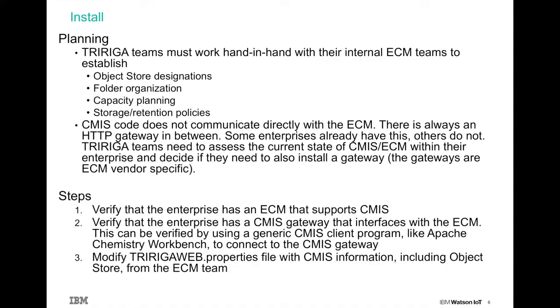The way we can verify this is using a third-party program like Apache Chemistry Workbench that verifies connections between a gateway and an ECM. Once we have verified that there is indeed a valid gateway and a valid ECM that can communicate with that gateway, then we are ready to make modifications to TRIRIGA, which include modifying the TRIRIGA web properties file.